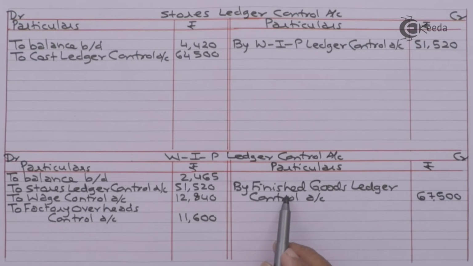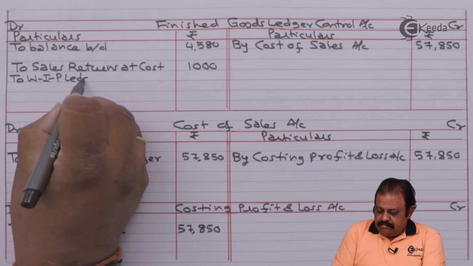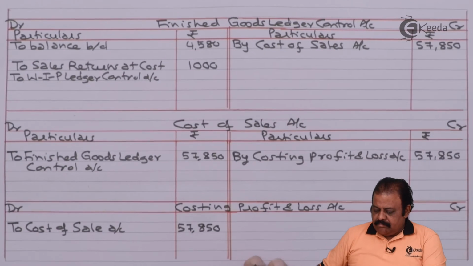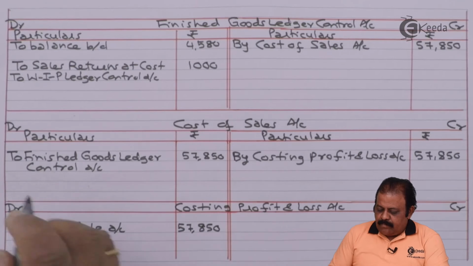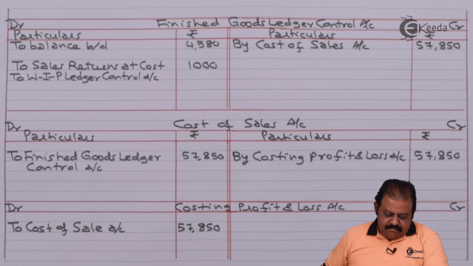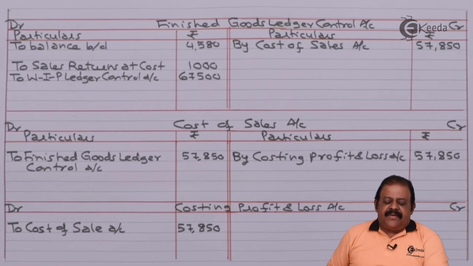This will be then debited to finished goods ledger control account, to work in progress ledger control account 67,500.